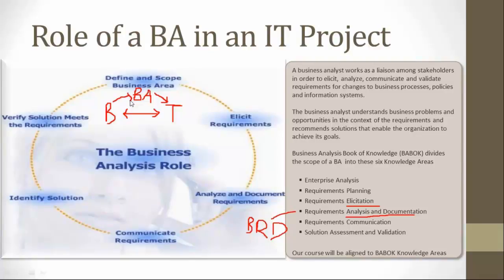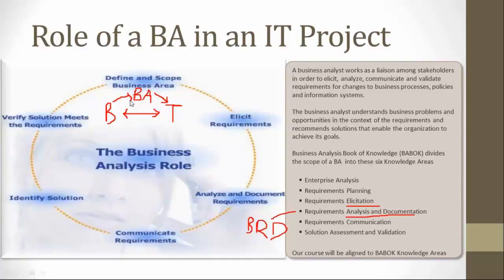So there are different ways in which you can engage the customer. You'll learn all those techniques in subsequent sessions, how to structure those discussions and how to manage the scope. All of that you would learn as part of the course in the first few sessions, where we focus on our elicitation skills.